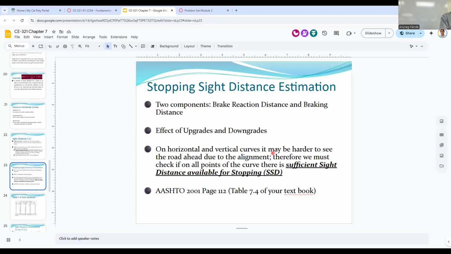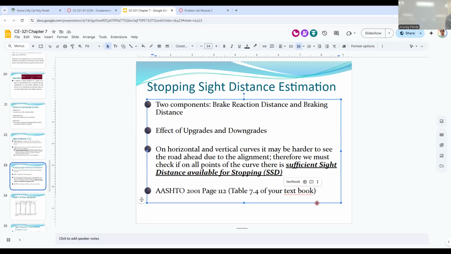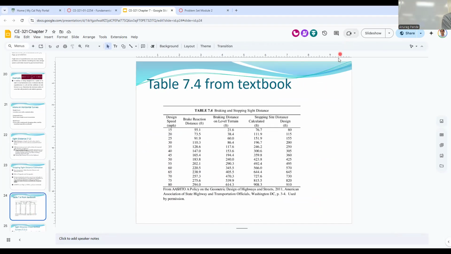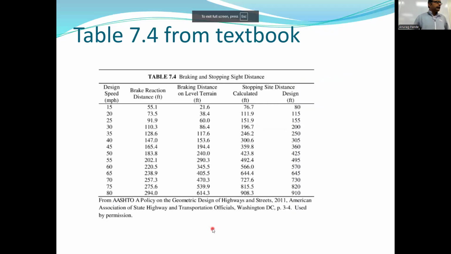Okay, now in your textbook, what I have is this table that talks about the two components of the distance, right? So you can see at 15 miles an hour design speed, your brake reaction distance is 55.1 feet.